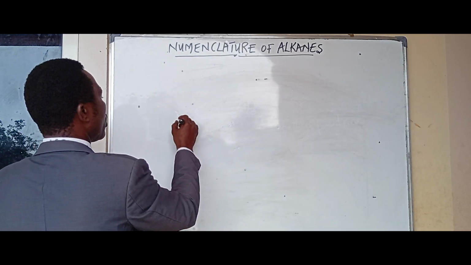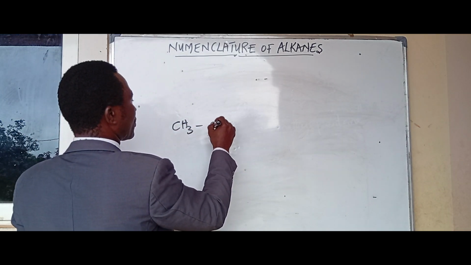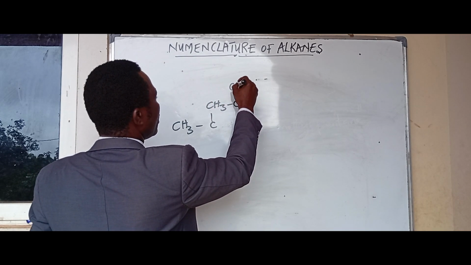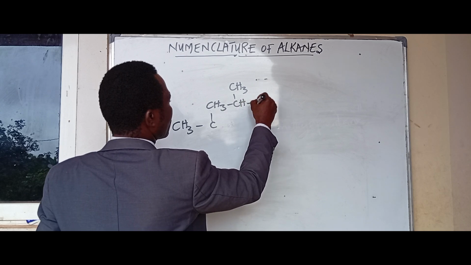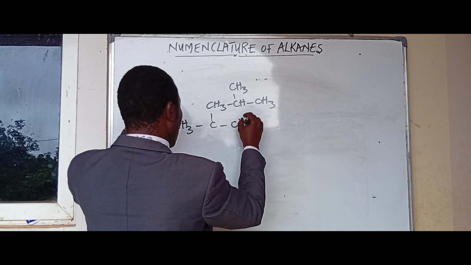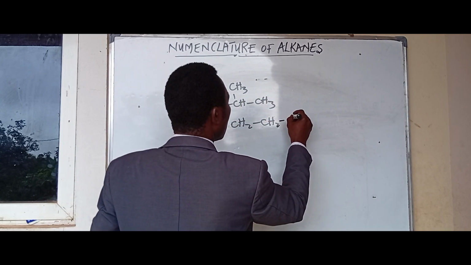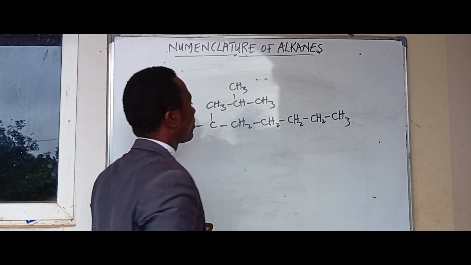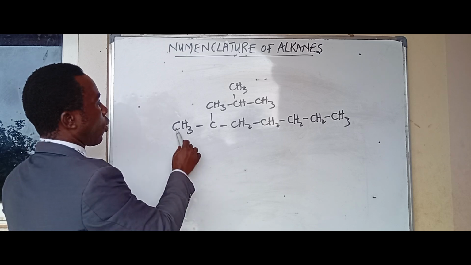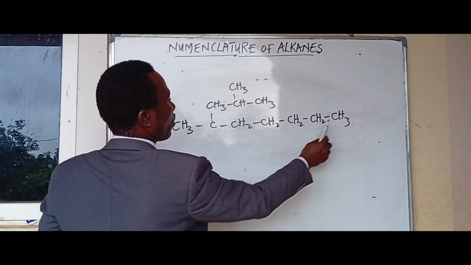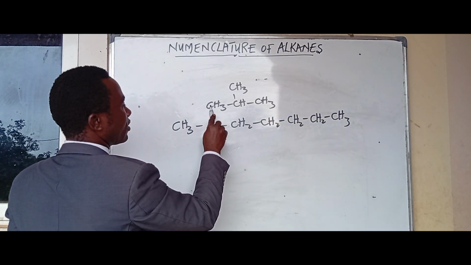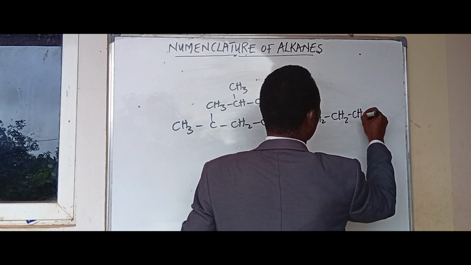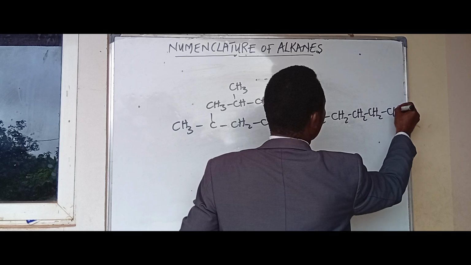Let me say, for example, you have CH3, you have C, you have CH3, you have CH, you have CH3, then you have CH3, then you have CH2, CH2, CH2, CH2, CH3. Now, what is the longest unbroken carbon? 1, 2, 3, 4, 5, 6, 7, 8, 9. Okay, let me add more here. You have CH2, CH2, and CH3.